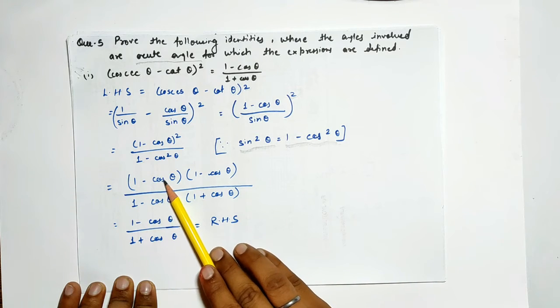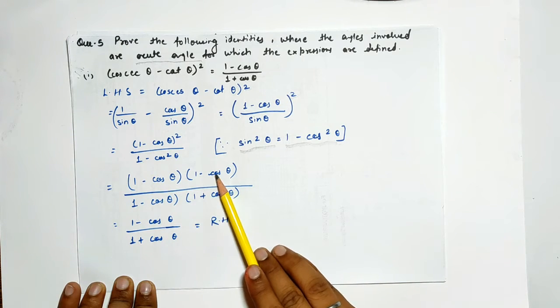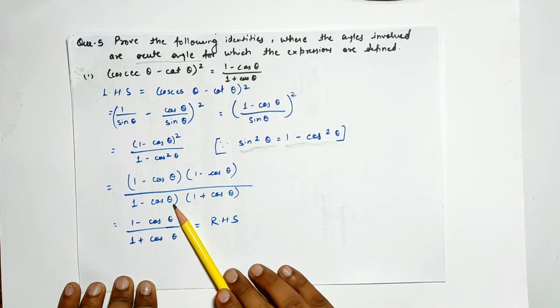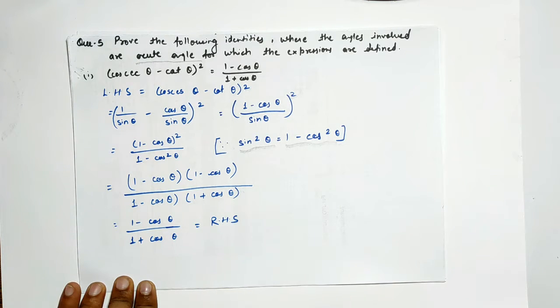That is equal to (1 minus cos q)(1 minus cos q) upon (1 minus cos q)(1 plus cos q), which is equal to (1 minus cos q) upon (1 plus cos q).